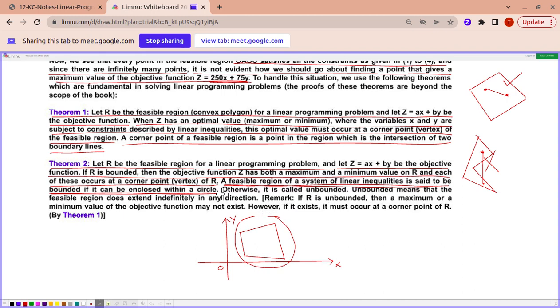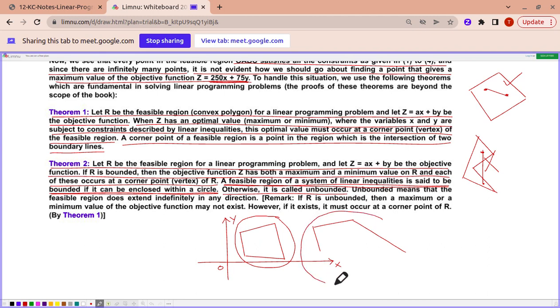So what is unbounded? Let me show you. Suppose we have a solution something like this, and it is something like this. So you cannot cover that entire feasible region within a circle.